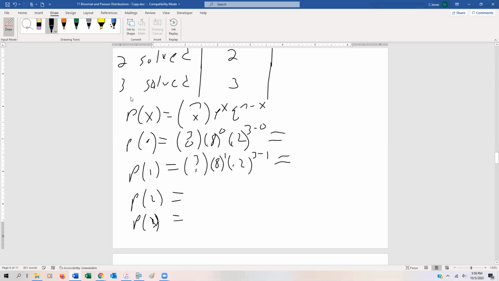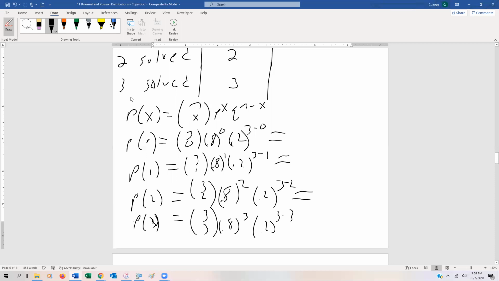Right, so these aren't too difficult to type in. It's just going to be a little bit painful to do it, but no big deal. So that's going to be 0.8 squared. And by the way, this is a 3 combination 2 as well. And then times 0.2 to the 3 minus 2. And then finally 0.8 cubed, 0.2 to the 3 minus 3.